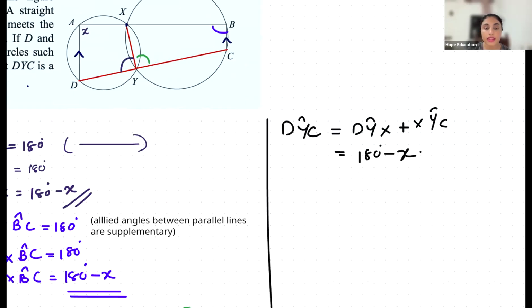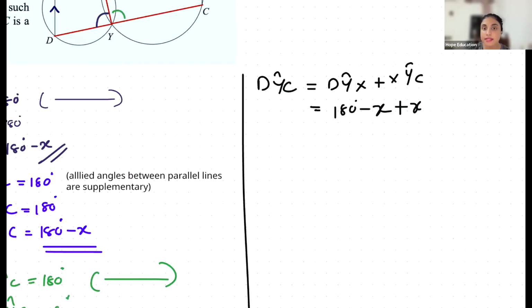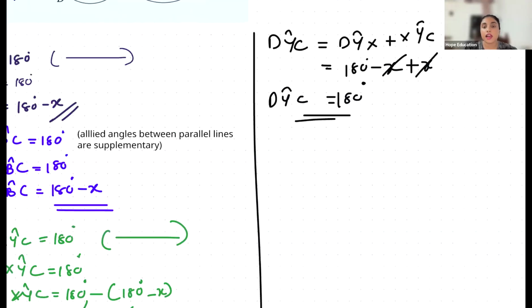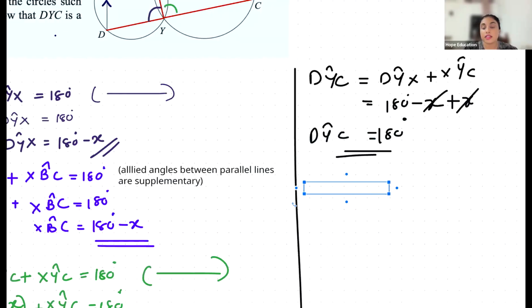XYC I found here is x. So minus x plus x cancel, and DYC will be equal to 180. If DYC is equal to 180, therefore we can say that DYC is a straight line. Did you understand that?